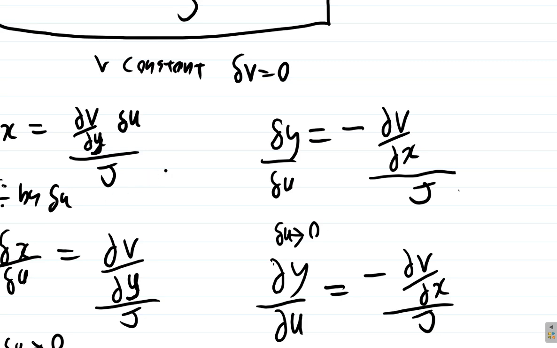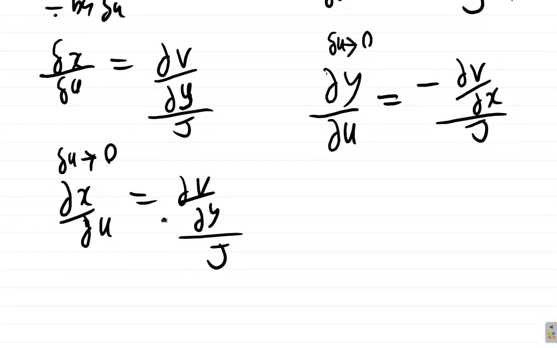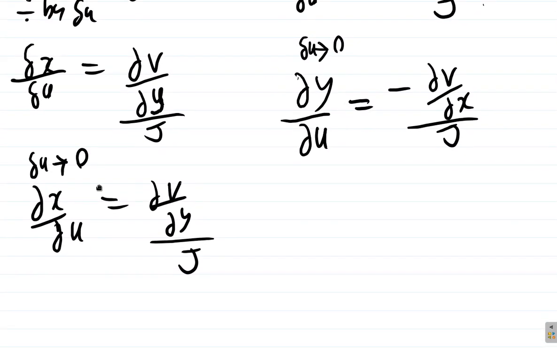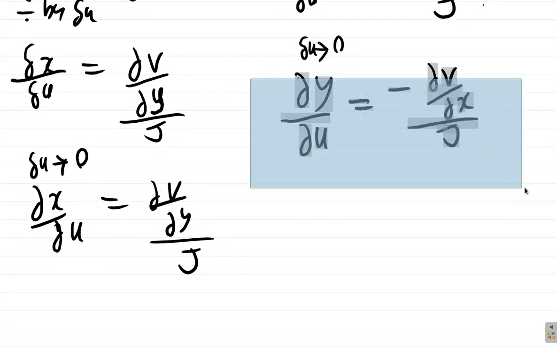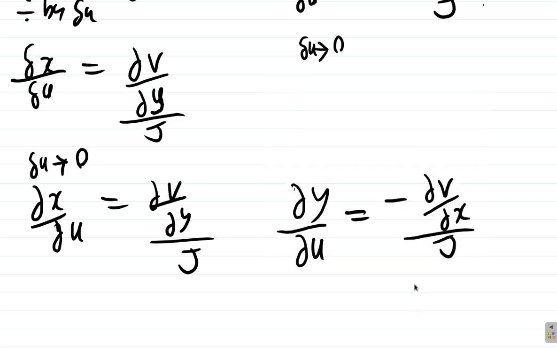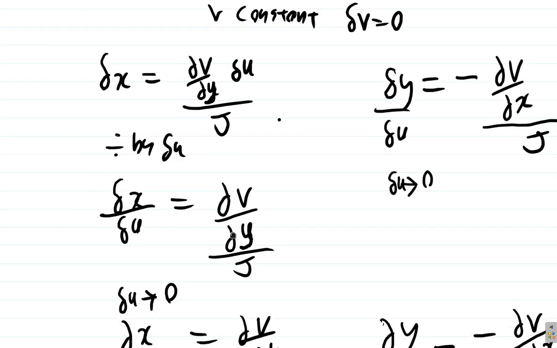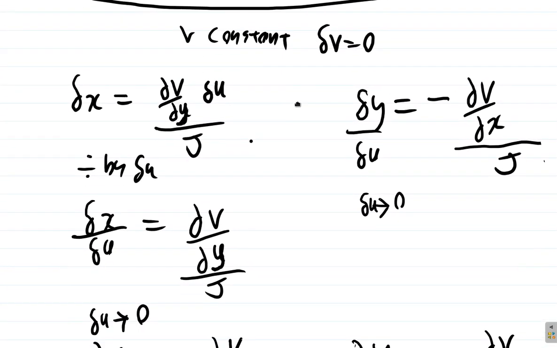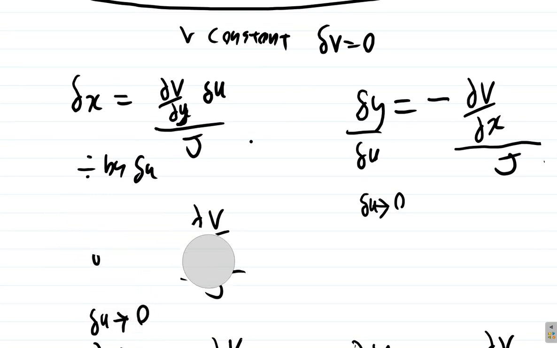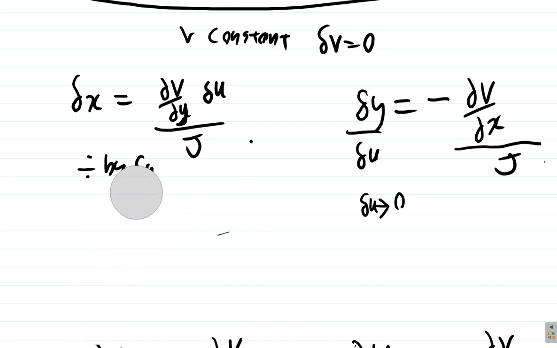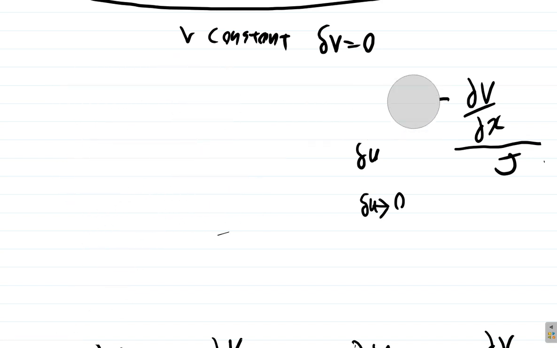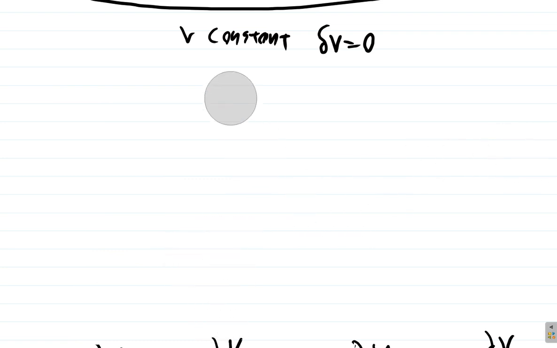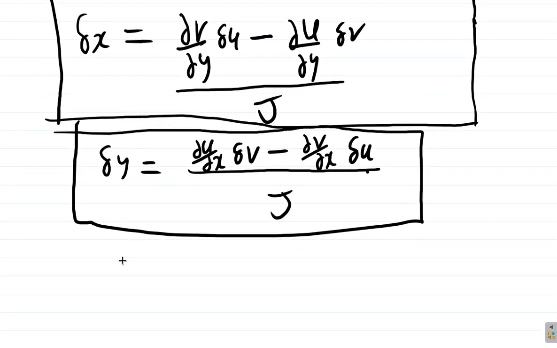Now, we have these results here. Let me put this one beside this. Now, what will happen if it is U that is constant?